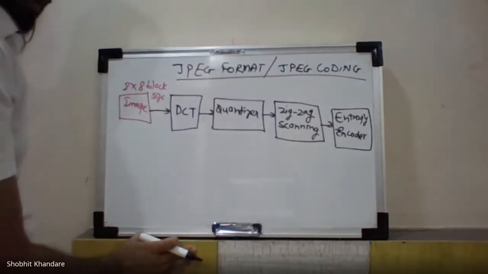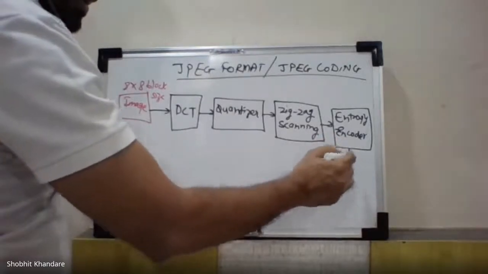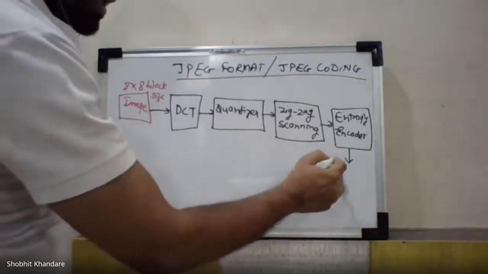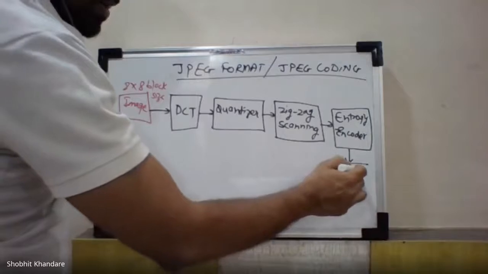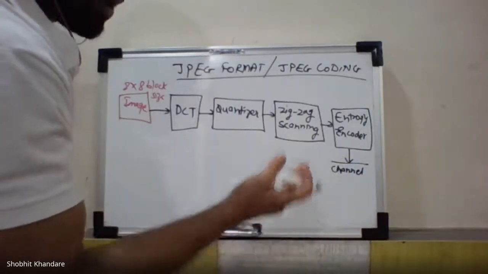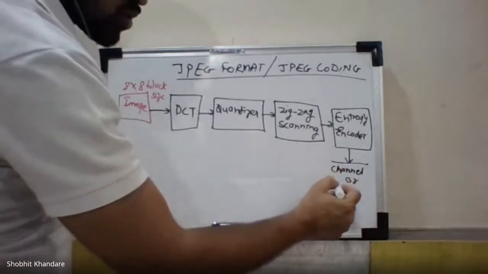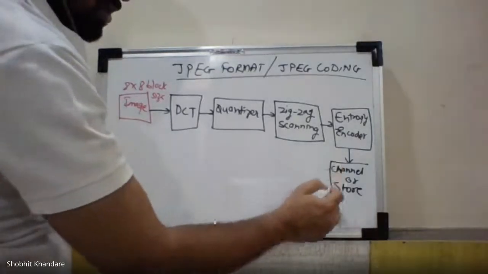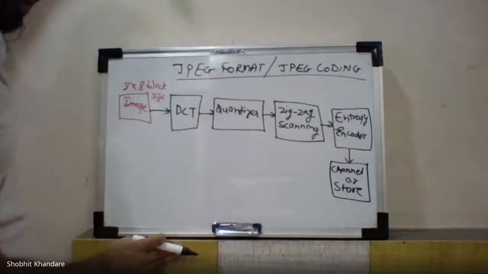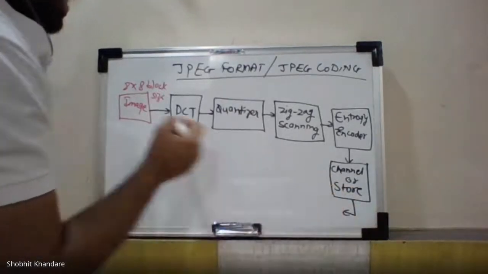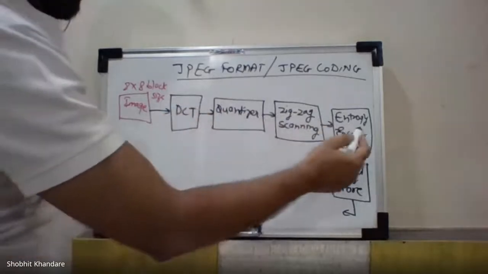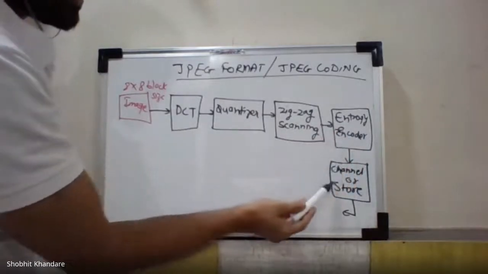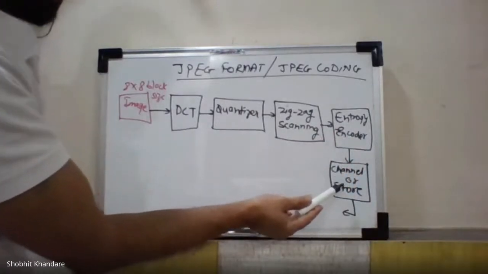After entropy encoding, it is either sent through the channel, if I want to transmit this image, or stored. This is actually happening in the encoding part. Once the encoding is done, you either transmit through the channel or store the image.